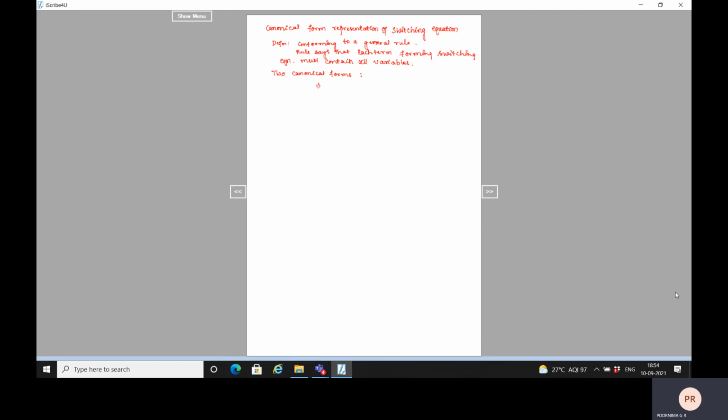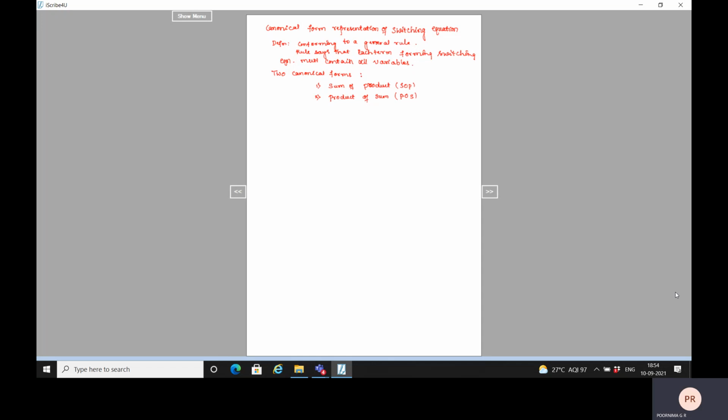The first one is the sum of products, in short represented as SOP. And the second canonical form that we may make use of is the product of sum terms, that is represented as POS.